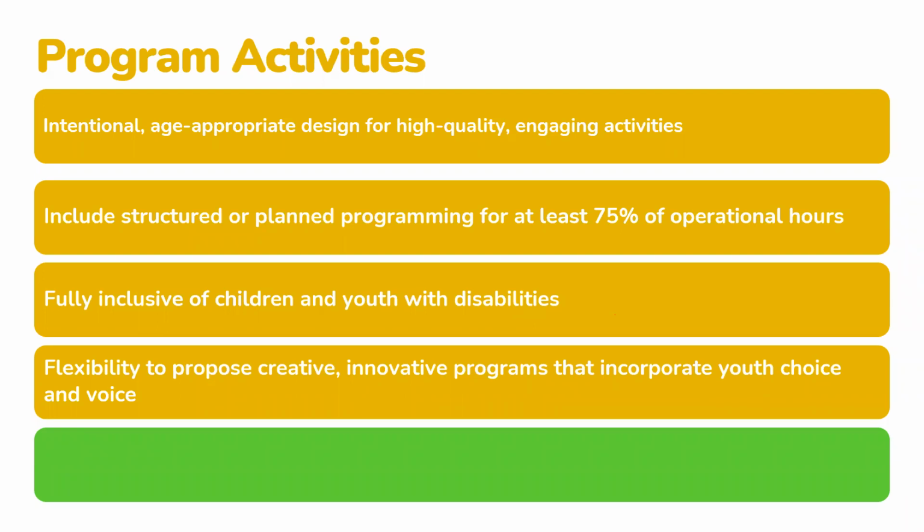It's also important to include structured and planned programming for at least 75% of the operational hours. And that is when you're thinking about the different requirements that might be there, what that looks like. All program activities should be fully inclusive of children and youth with disabilities.